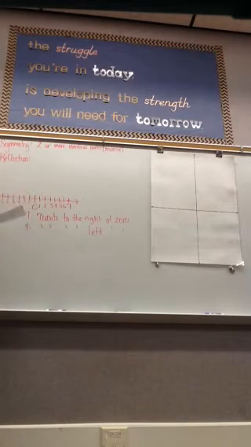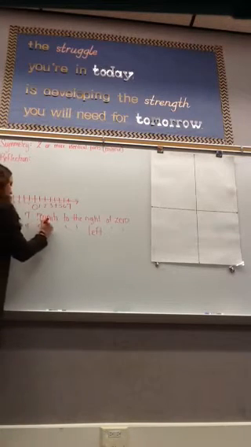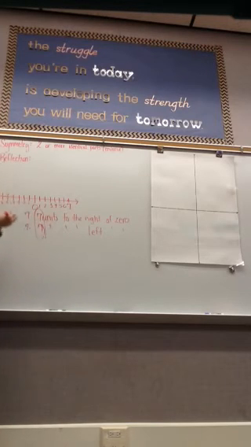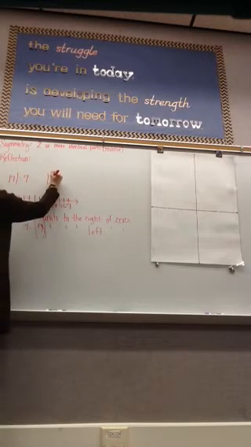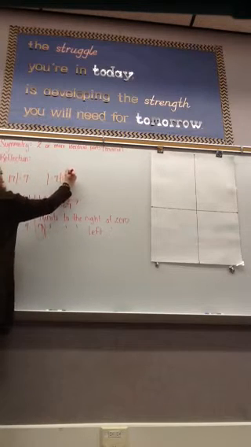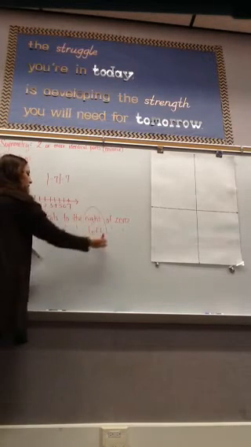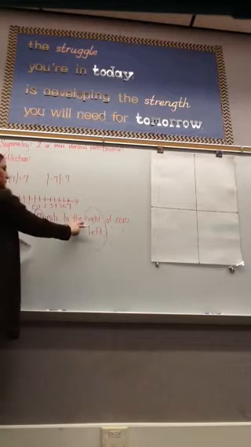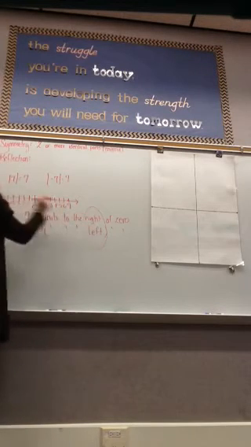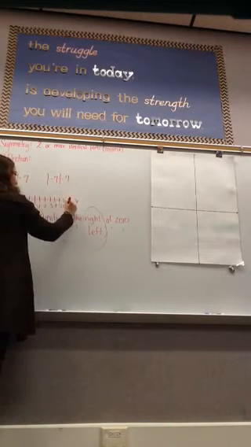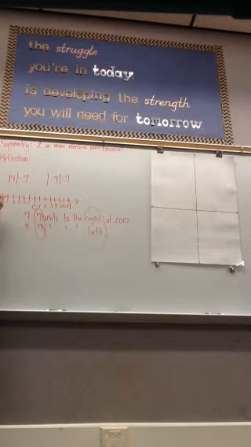How are they similar? What do they have in common? Well, they are both 7 units from 0. So they have the same absolute value. How are they different? One is to the right of 0, and the other is to the left of 0. One is positive, one is negative.